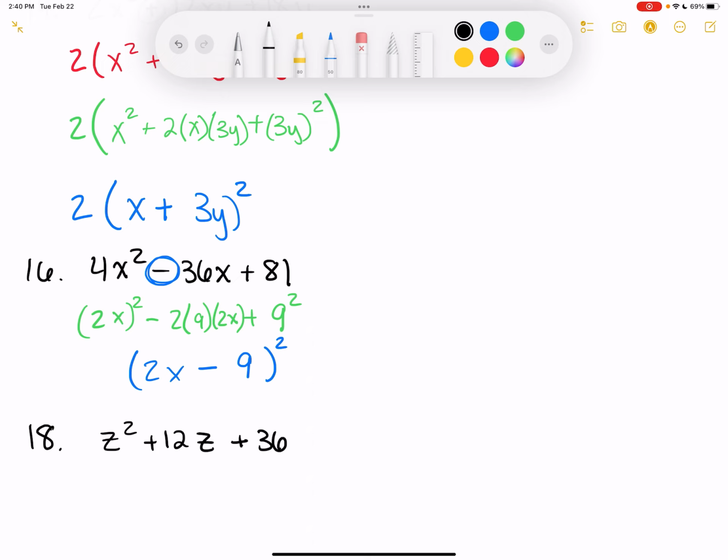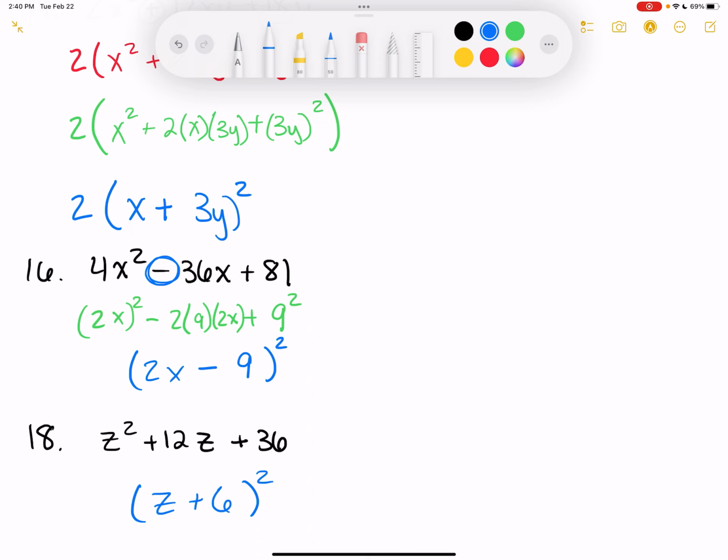If you just see right away what the sign is going to be in your parentheses: z plus 6. So it's just whatever the first term is that's being squared goes in the first spot, whatever's being squared in the last term goes here, and then the whole thing's being squared.